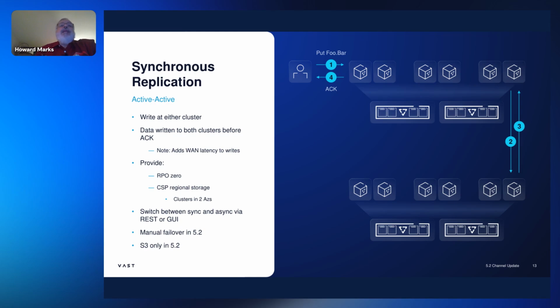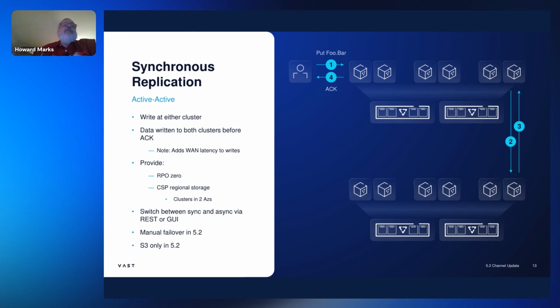Now, unlike many synchronous replication solutions, we don't have low limits on how much latency you can have between those two systems. So as long as you're willing to deal with that write latency penalty, you can have them spread very far apart and have many milliseconds of latency.